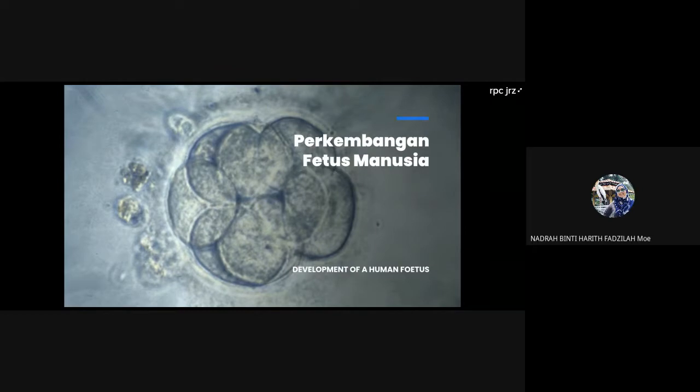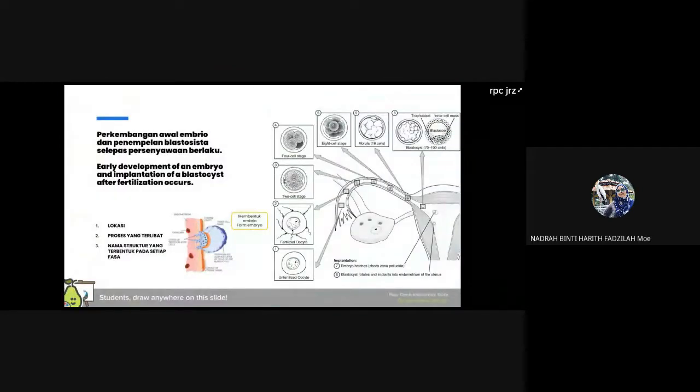So for the next part, kita nak tengok tadi kebetulan kita discuss soalan yang lepas, fertilization jadi apa kan? So sekarang ni kita nak discuss apa yang berlaku selepas fertilization.